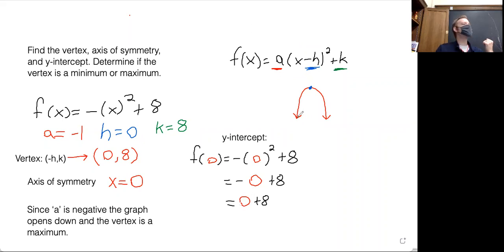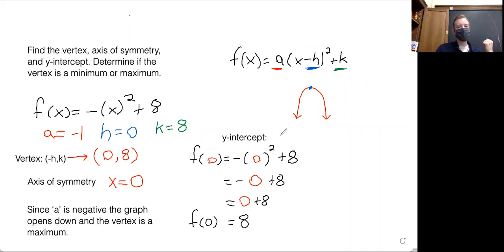And then what about 0 plus 8? 8. So that means f of 0 is equal to 8.